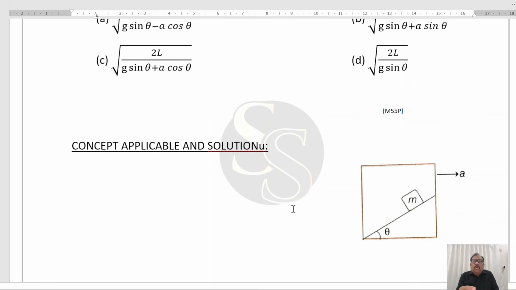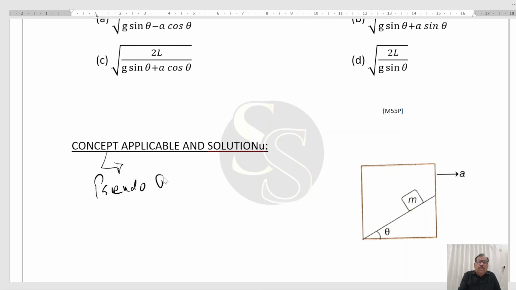Concept applicable. One is pseudo force. Pseudo force, Fp, right?